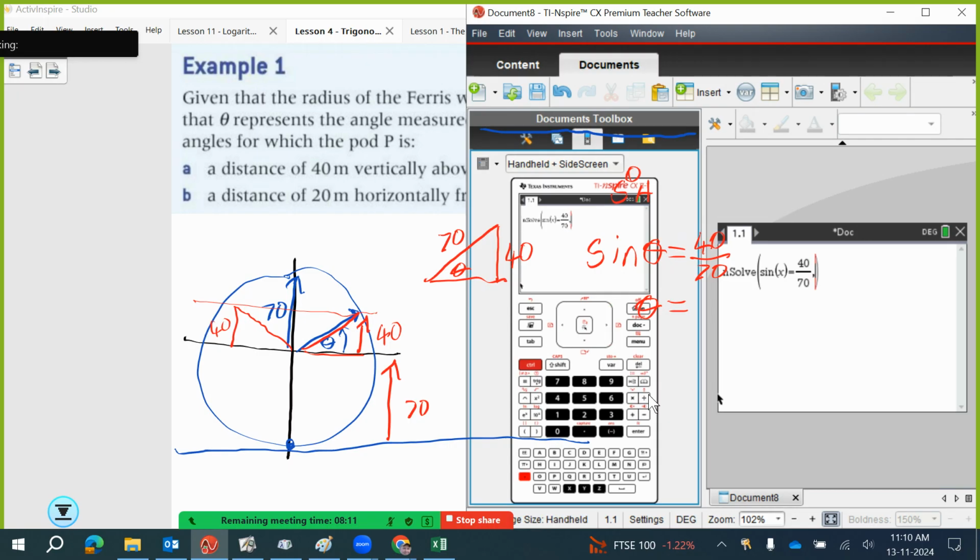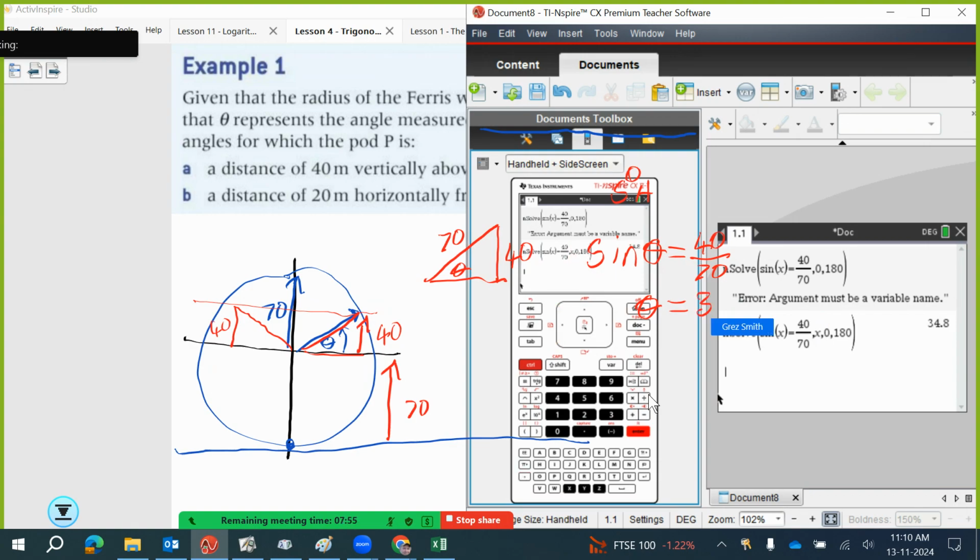Solve for x, solve for 0 to 180 degrees. Solve for x, and we get 34.8 as our first answer.